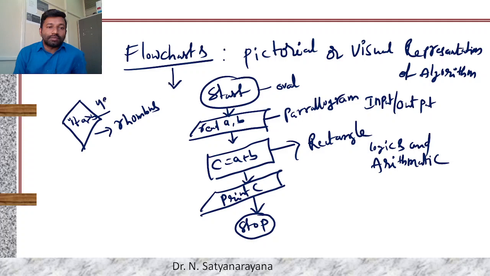Maybe the condition is termed yes, it may be no. But the objective is that, because of this flowchart representation of the algorithm, somebody who is not good at understanding English like statements, or someone who is not good at understanding the programming constructs, could able to understand the solution of the problem, because the visual representation will have much impact.